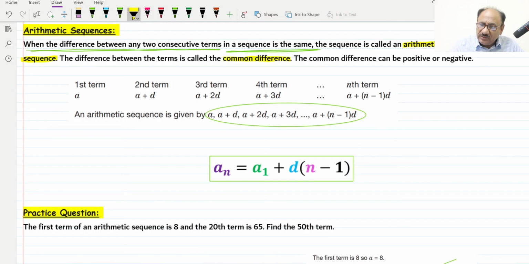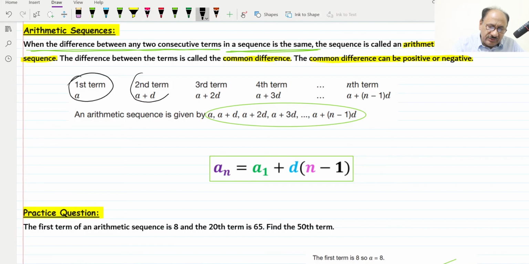Keep in mind, the common difference can be positive or it can be negative also. Now, how do we write these terms? For example, our first term is a, and d will be the difference.